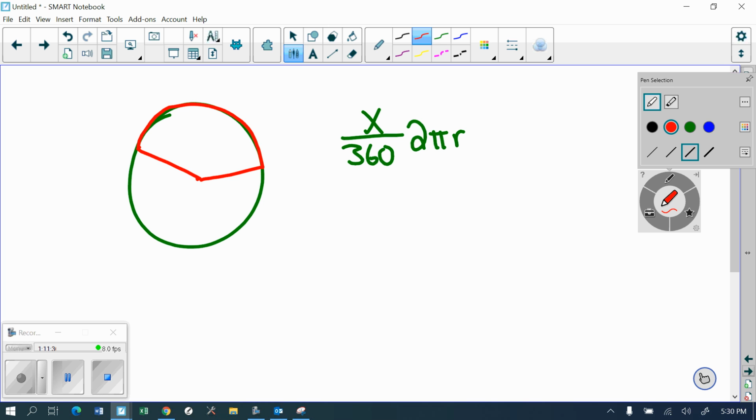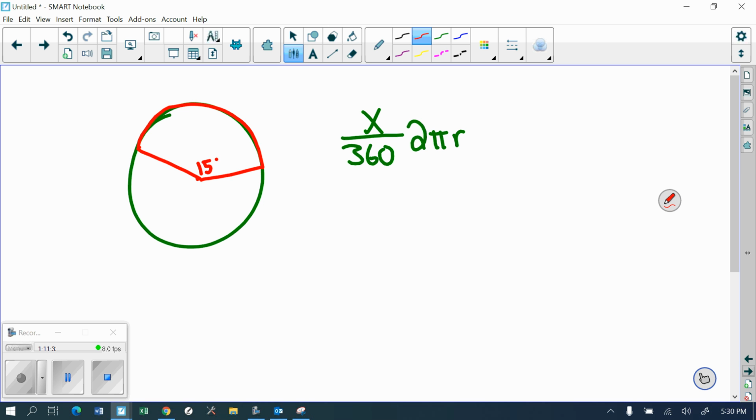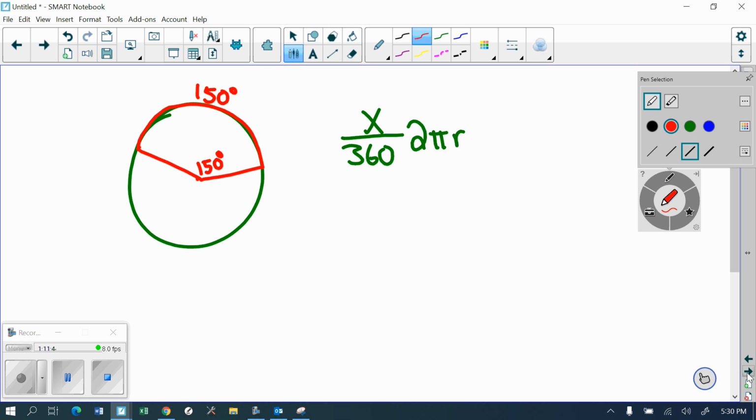And they tell me that's 150 degrees. They could put the 150 there, or they could put the 150 degrees up there. Usually they put it right here. And they're wanting the arc length. This distance right here is called arc length.